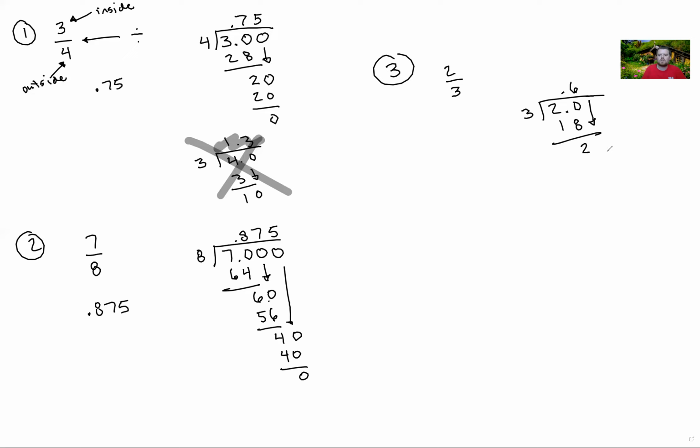Okay, bring down your 0. 3 goes into 20 6 times. 6 times 3 is 18. Subtract is 2. Okay, do it again. So once you see that you're getting the same remainder every time, that means that this is going to be a decimal that is non-terminating, but repeating.